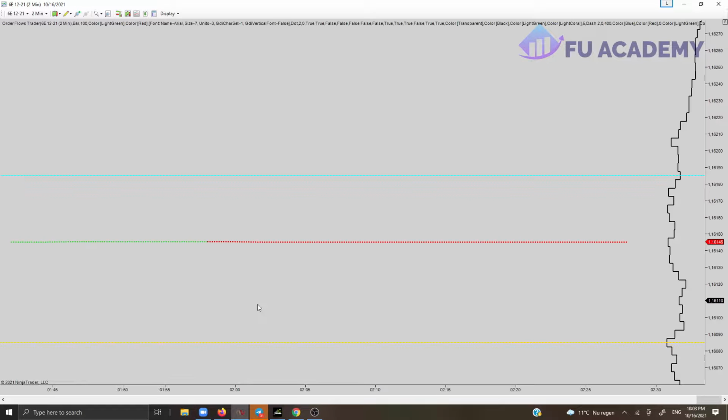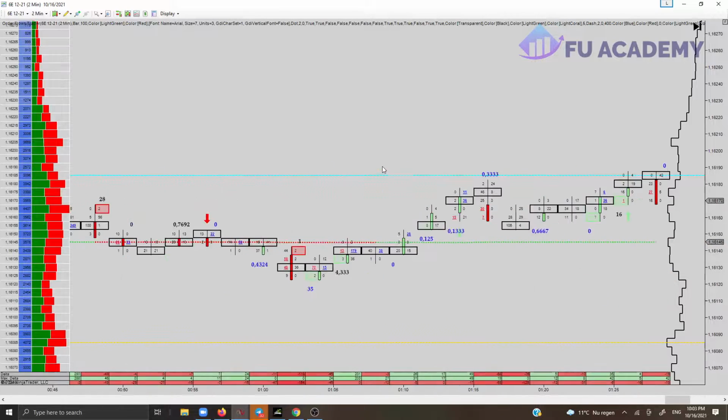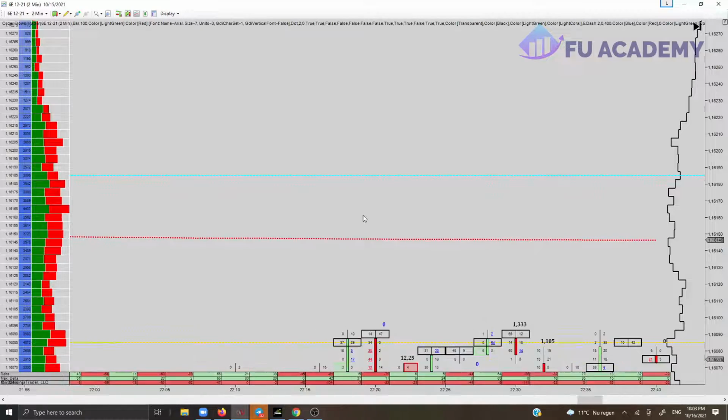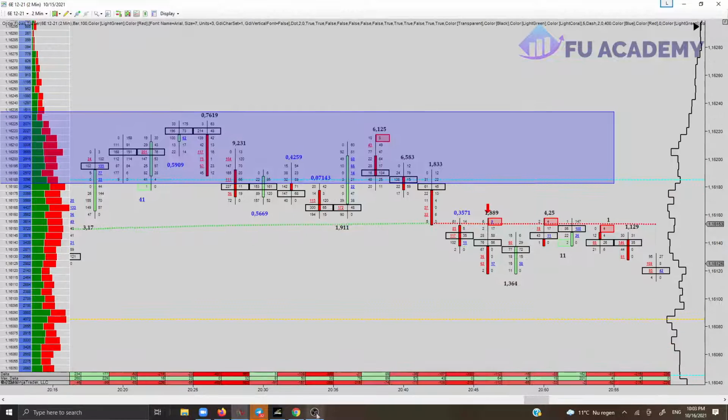We take this data from the CQG exchange, which is decentralized data, so it cannot be manipulated by any forex broker, and that's why this data is so accurate. I'm really excited to show you what happened, so please pay attention here. This was the one I was talking about.